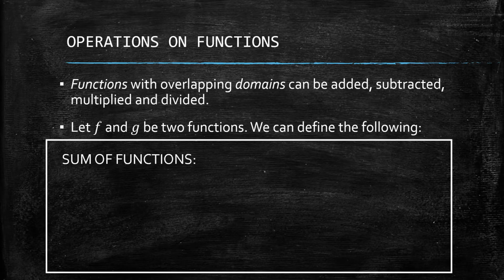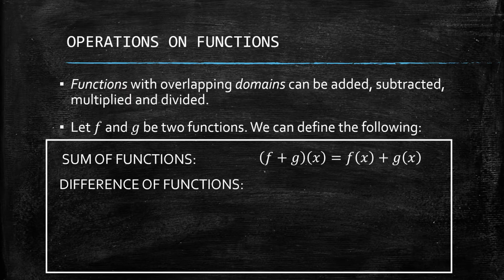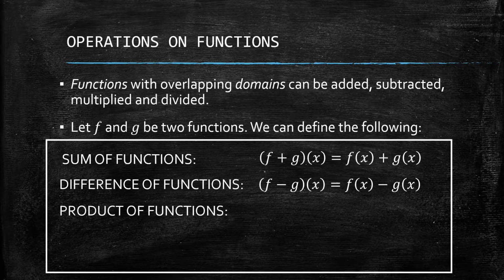To get the sum of functions, we will just use this formula. F plus g of x is equal to f of x plus g of x. To find the difference of functions, we will have f minus g of x equals f of x minus g of x.